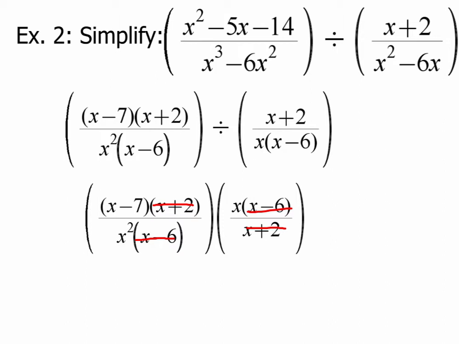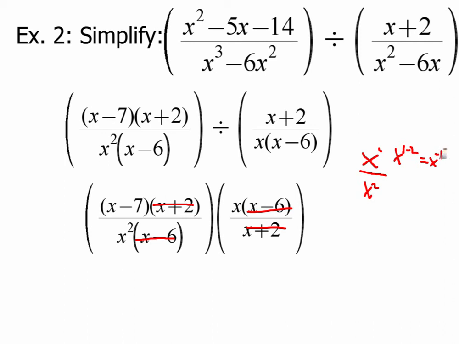If we go a little bit deeper into that one, if I'm doing x divided by x squared, that's x to the 1 minus 2, which is equal to x to the negative 1 power.